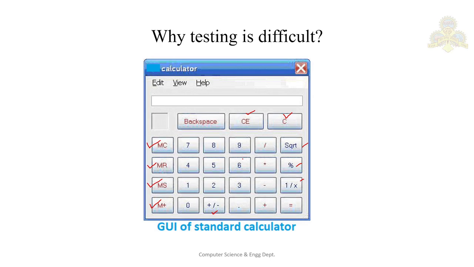So now the test engineer's job is reduced to a single task, that is selection of the test inputs. You have to select the test inputs such that they bring out the maximum number of defects in your software. Now these test inputs are called test cases.